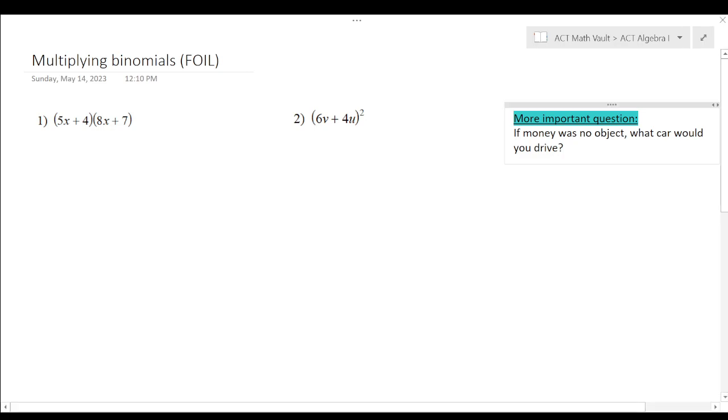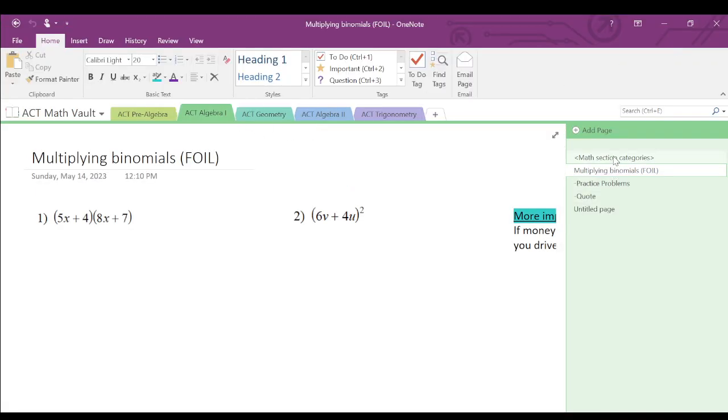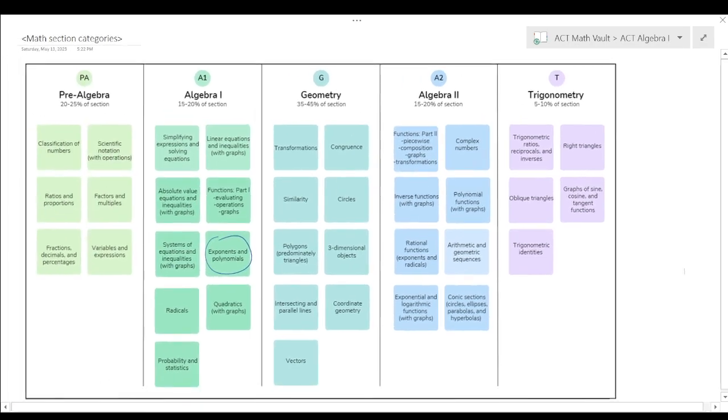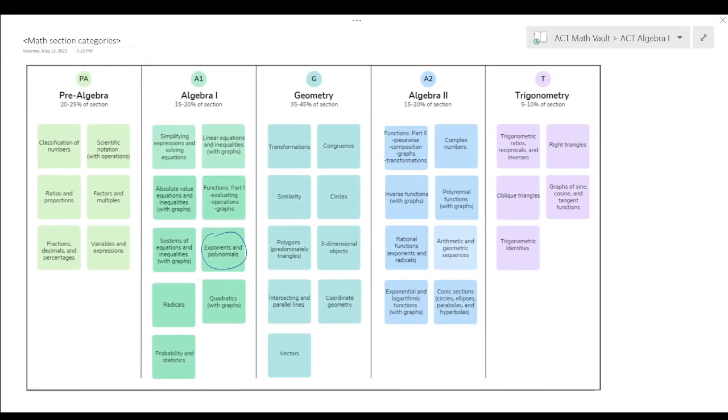Okay, before we dive in, let's talk about this in relation to the whole rest of the section. Multiplying two binomials is technically a polynomial times a polynomial, so this would fall under operations with polynomials. A binomial technically is a polynomial.